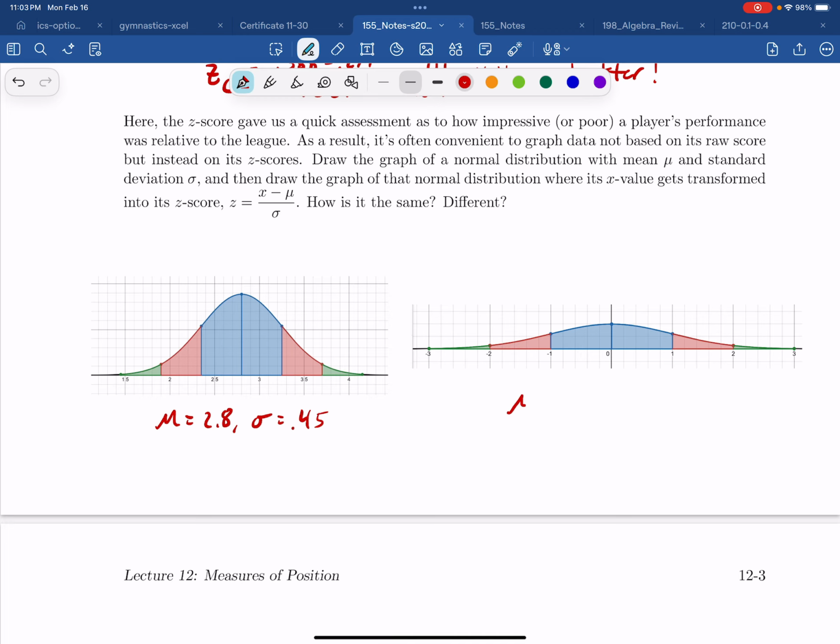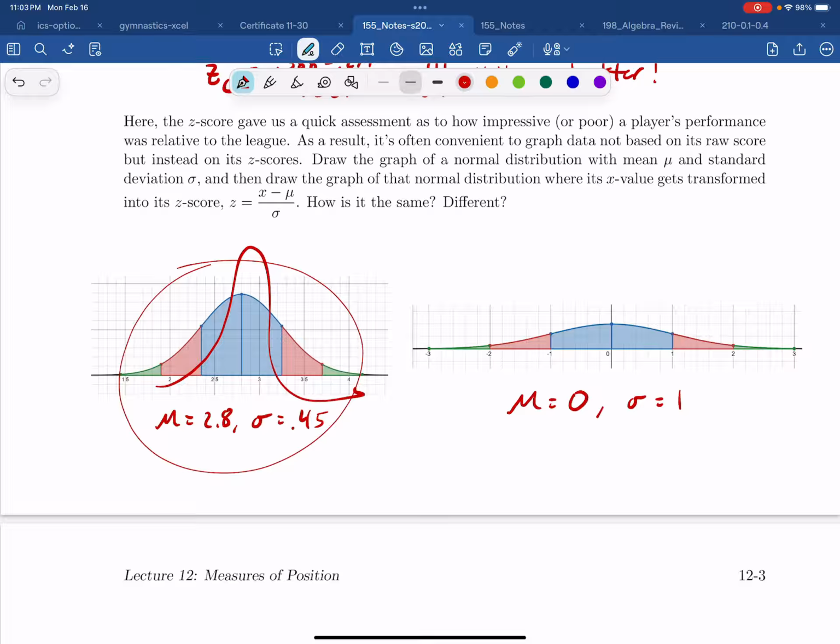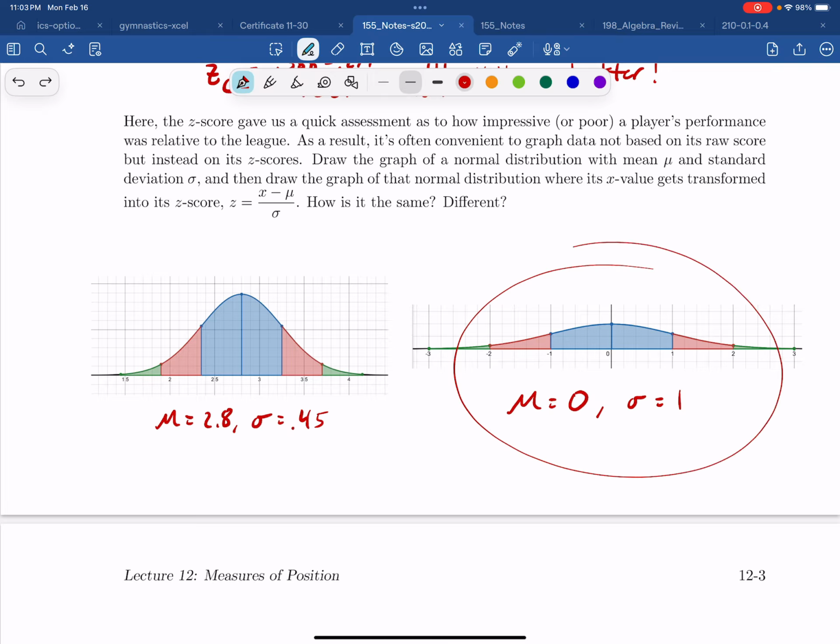Here we had mu equals 0, sigma equals 1. Okay? You can take any data set that looks like this, or maybe it's steeper or flatter. It will always have this standard normal curve. Okay? Just to let you know.